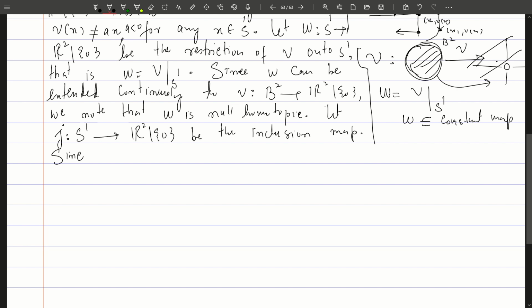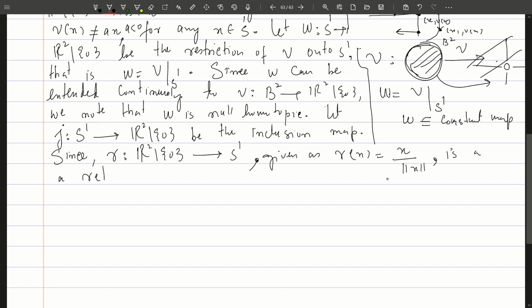Since r, which is a map from R2 minus origin to S1, is given as r takes the point x to x divided by norm x, this is a retraction of the punctured plane onto S1.